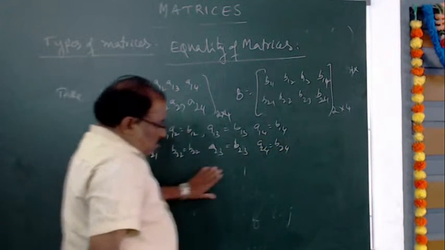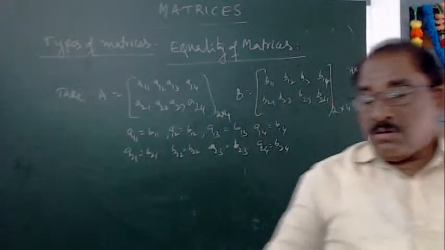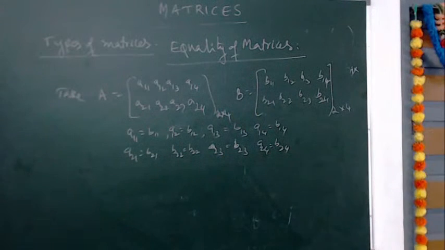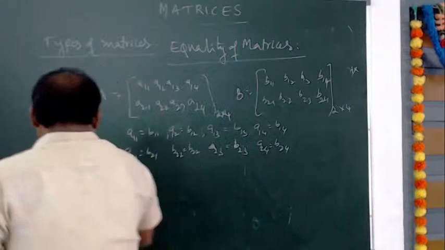So this is called the equality of matrices. One example is there.